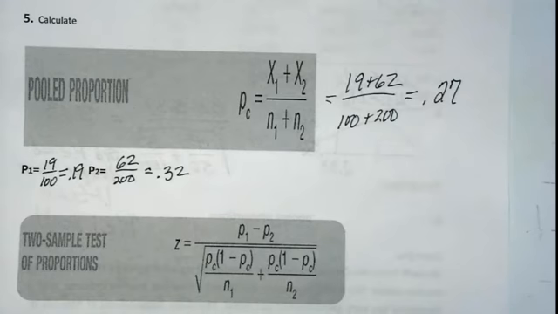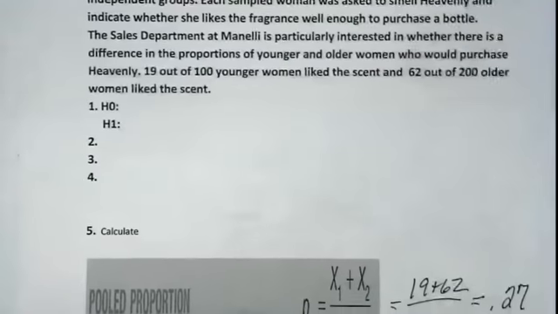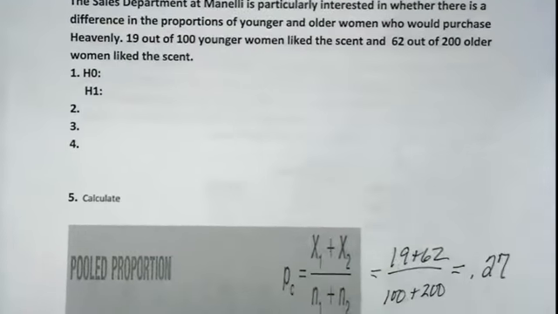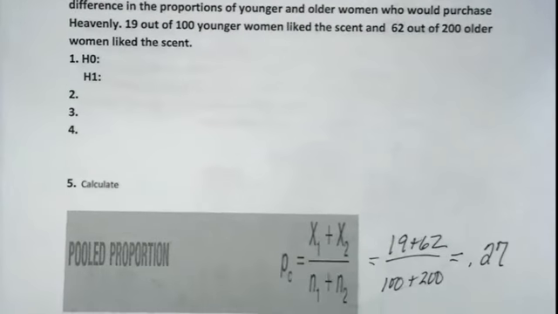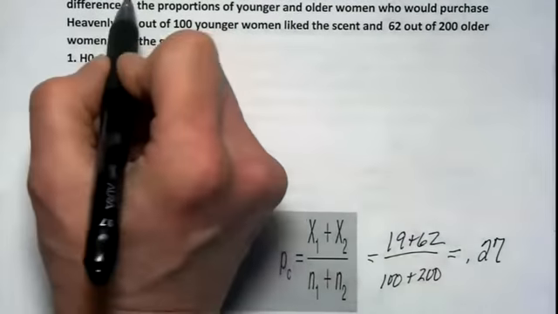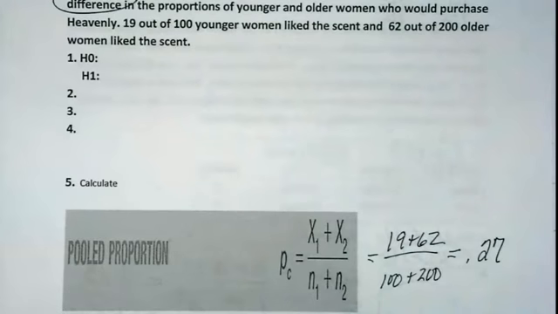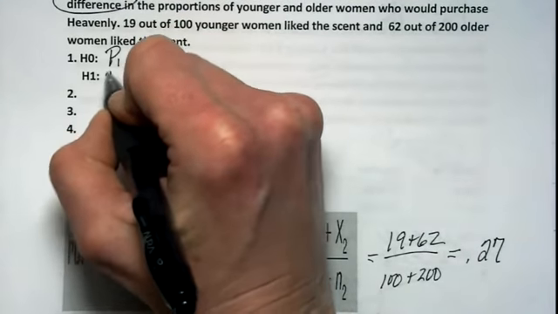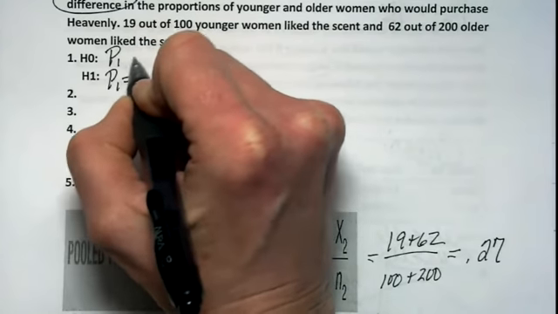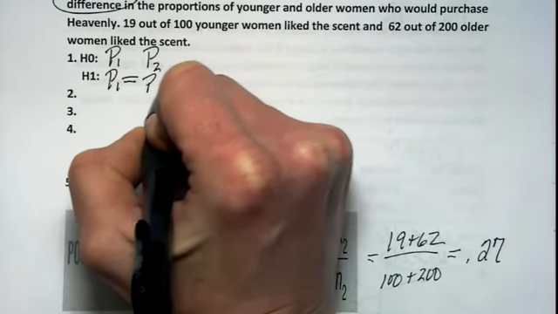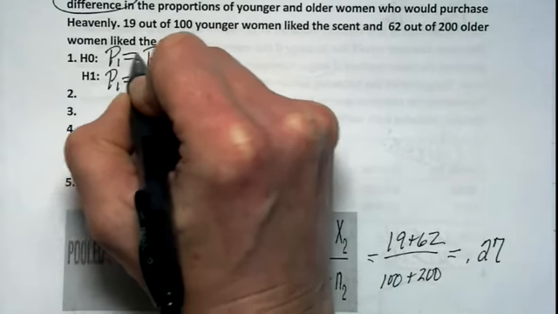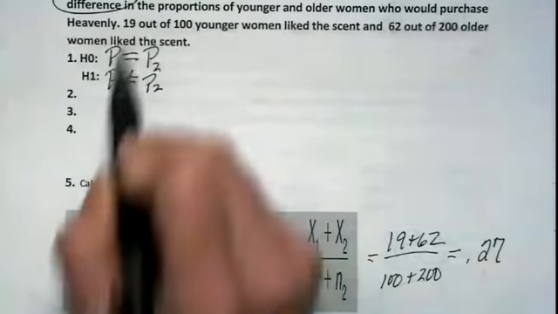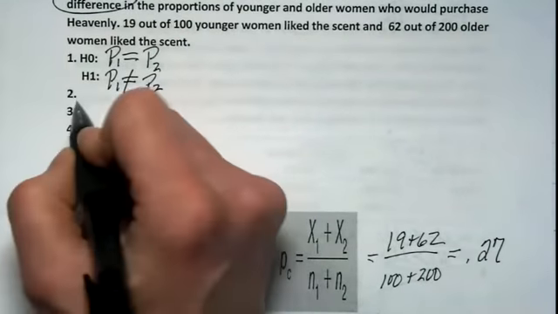Okay. Let's go and write our null and alternate hypothesis. Keyword, difference. So we want to know if the percent of older women and the percent of younger women are equal or not equal. Equal is always the null hypothesis.